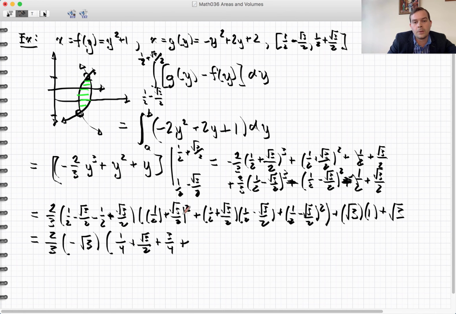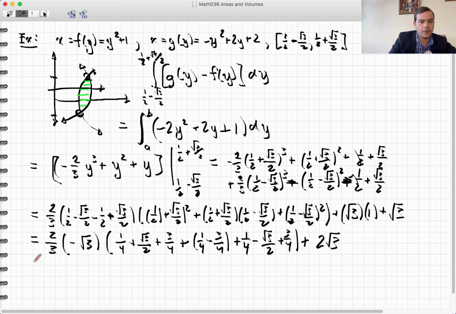And so that'll be 1/4 minus 3/4. And then plus, I get a similar thing, but with a different sign pattern here. And I notice I'll be able to cancel out that square root 3 over 2 term. And I have 2 square root 3 from simplifying that part.